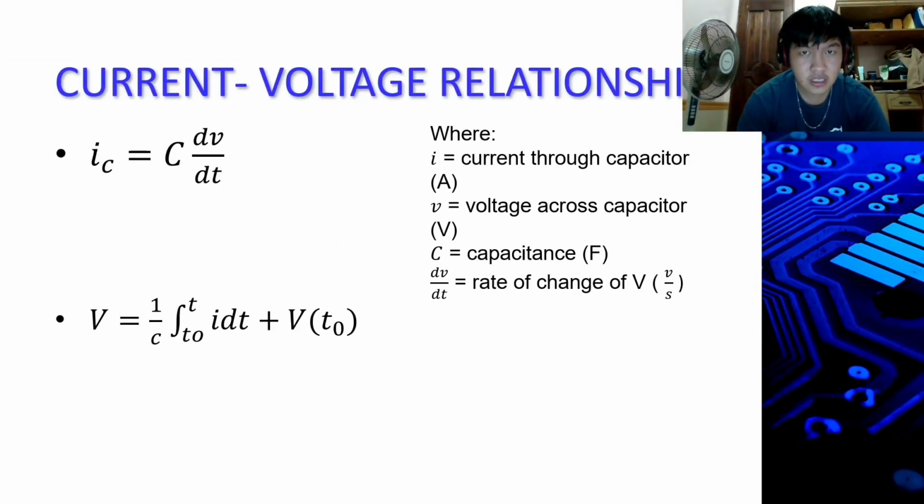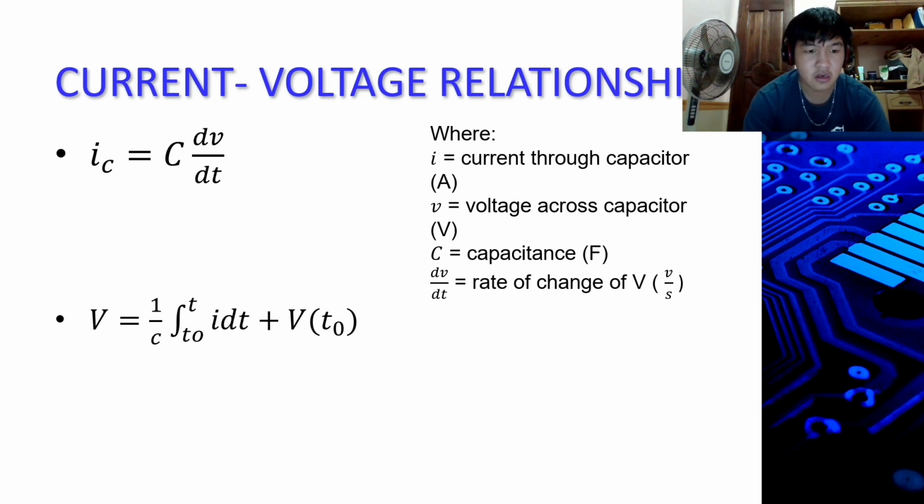So, the current-voltage relationship. Like I said earlier, a capacitor is said to store energy. For a resistor, we use Ohm's law to determine the voltage and current relationship.